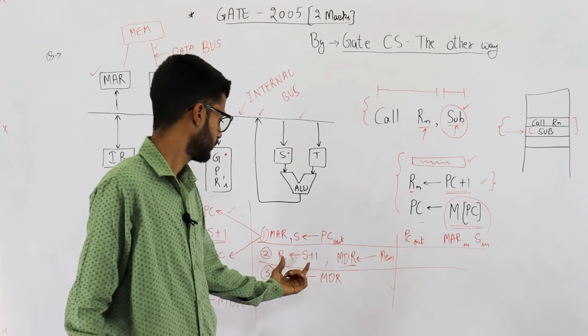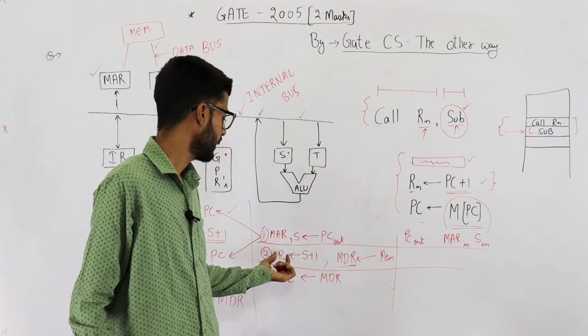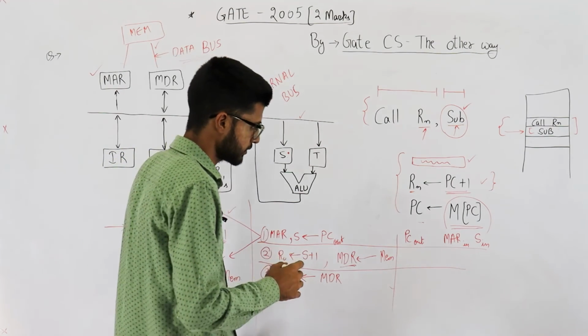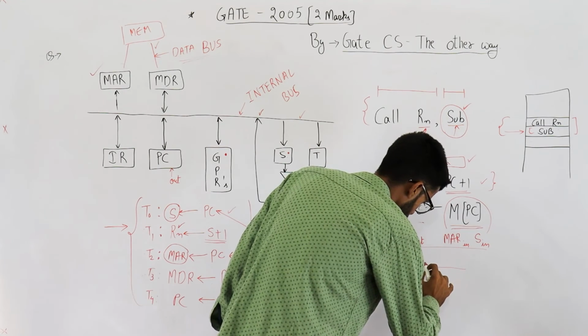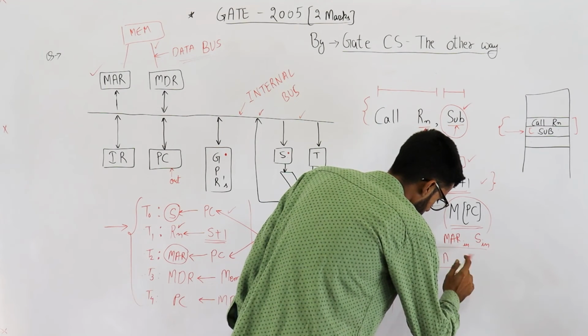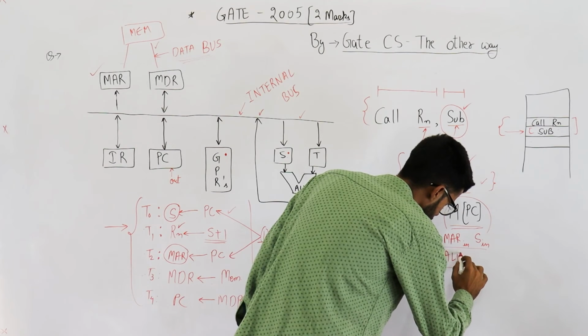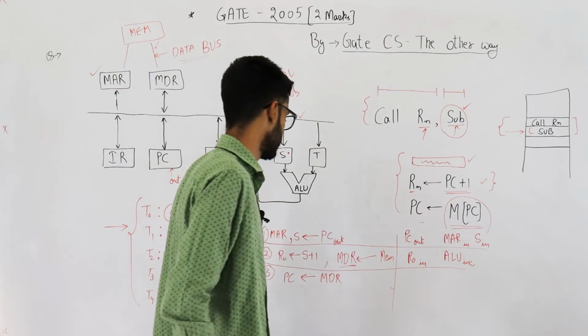Then we provide an add signal to the ALU and R0 gets in signal. So this is the ALU increment signal.